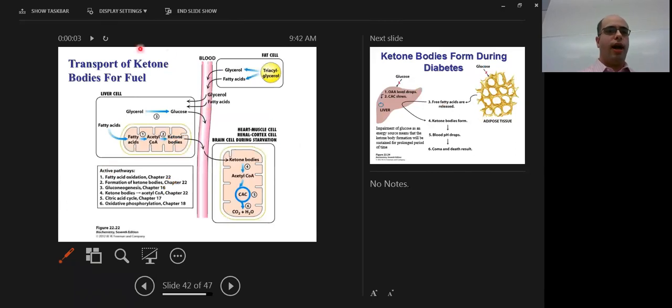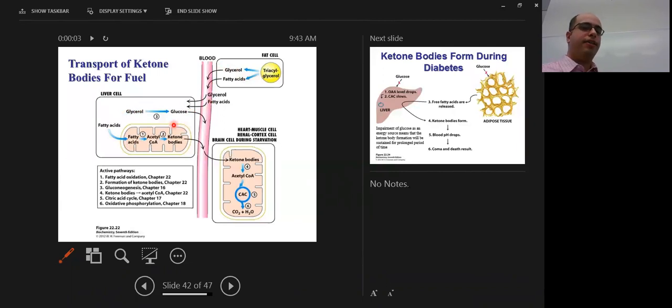So, like I mentioned, some of this is only going to be happening in our liver cell. However, it's also linked very much to our fatty acids. So when we have our fatty acids being released from our adipocytes, they'll go into the blood and into our liver cells. We will then produce acetyl-CoA from our fatty acids, and under the conditions of starvation and fasting and that kind of thing, we're producing our ketone bodies.